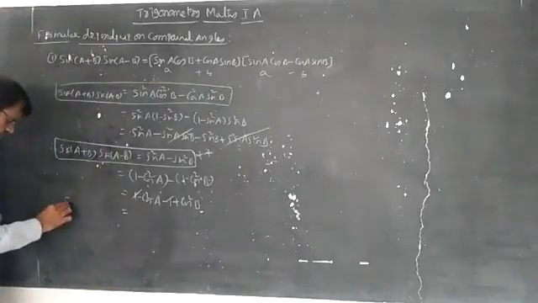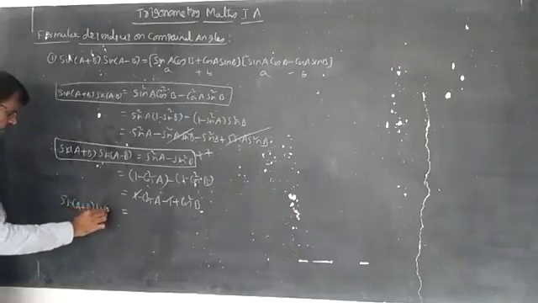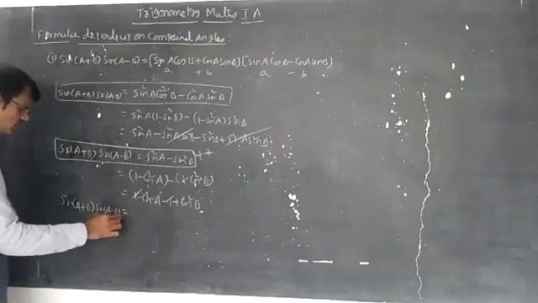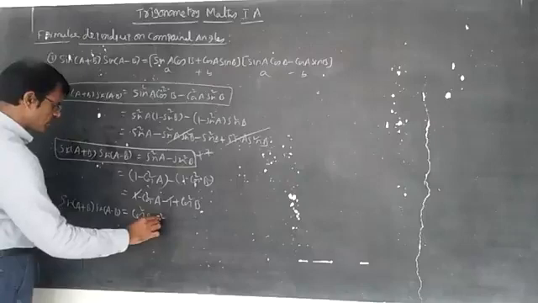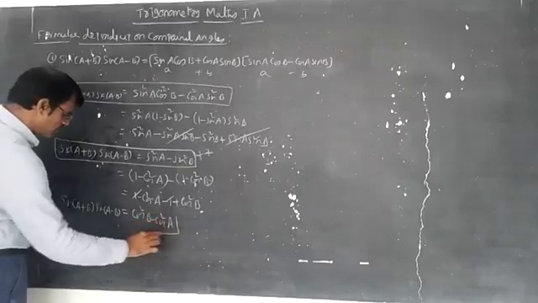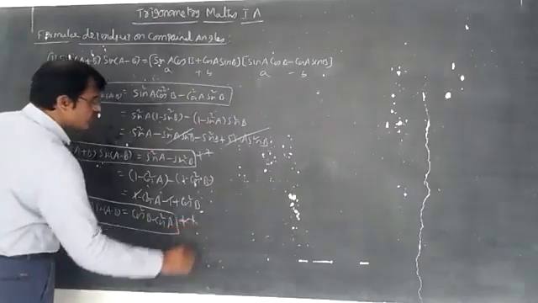So you write the positive value first: sin of A plus B into sin of A minus B becomes cos square B minus cos square A. This is another formula. Put a star mark.